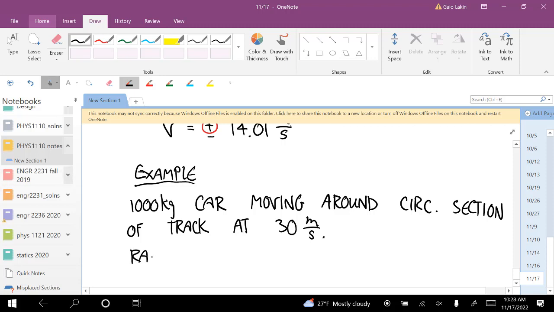The radius of that section of the track is 50 meters.